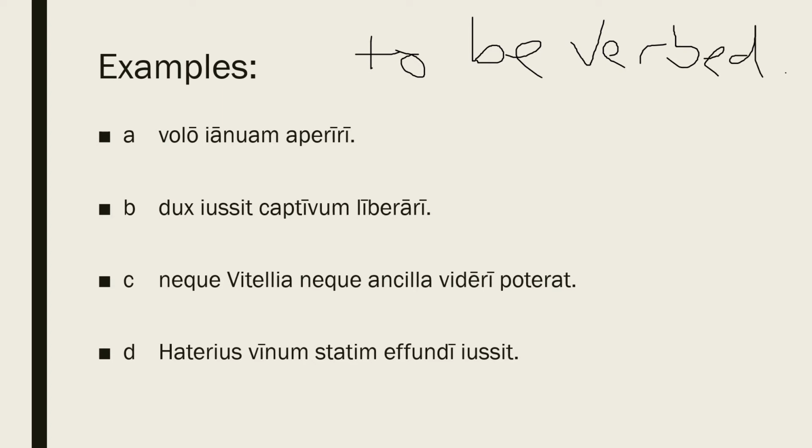Okay, because that's the passive infinitive. Volo ianuam aperiri. I want the door to be opened. Because aperiri is passive, it is not "I want to open the door." It's "I want the door to be opened."